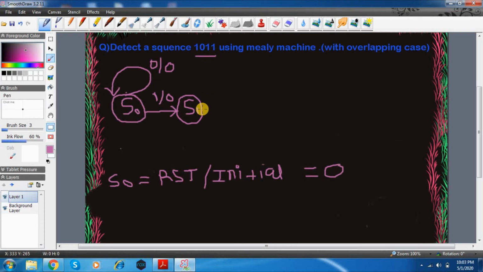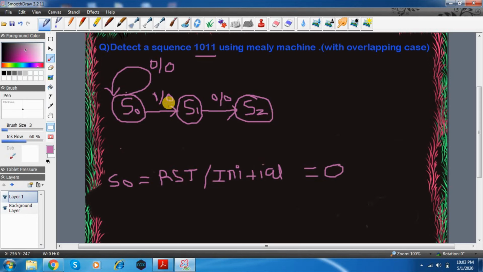Come to the next bit. The next bit is 0. If this bit 0 is detected, then it goes to the next state, S2, and output is 0.